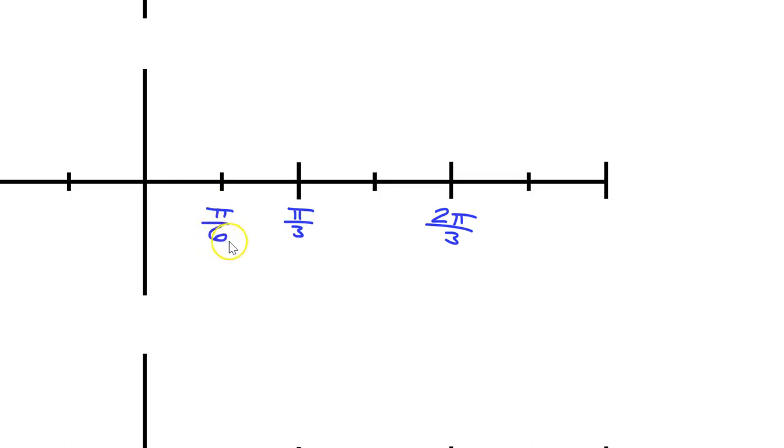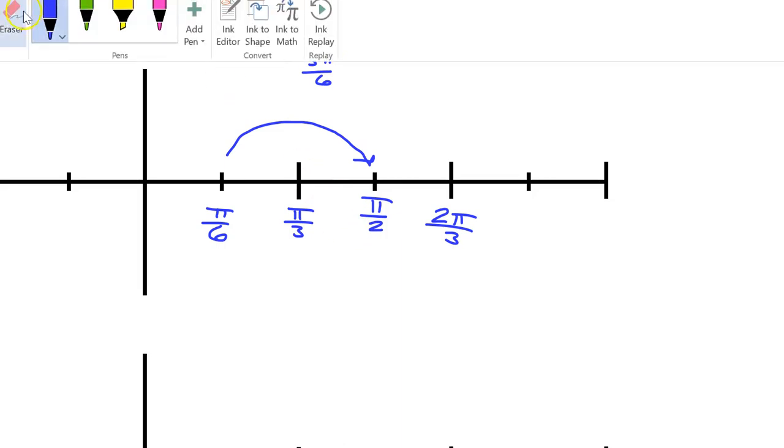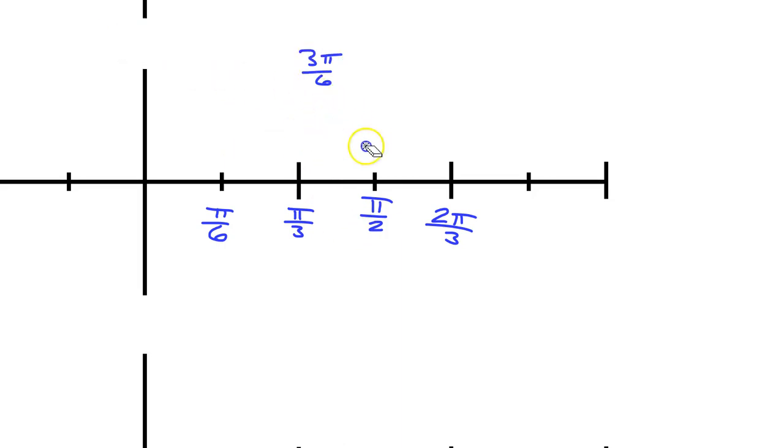So I'll have pi over 6 right here. To get the third position, I need to multiply this by 3. So this will be 3 pi over 6, but this reduces down to pi over 2, because 3 goes into 6 twice. So this will be pi over 2. Let me clean this up a little bit.